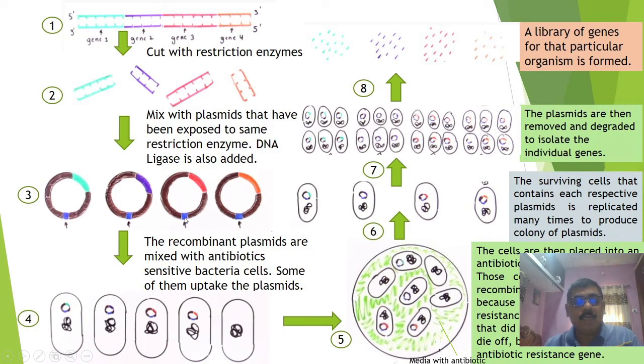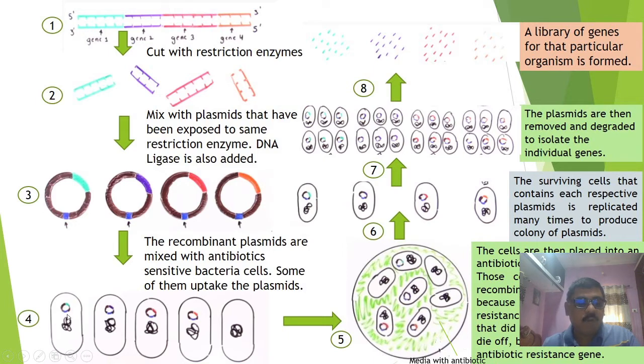And in this recombinant DNA molecule, this blue colored structure is an antibiotic resistant site which the plasmid has, and then these recombinant plasmids are mixed with antibiotic sensitive bacterial cells like the E. coli cell. All these are antibiotic sensitive cells, and some of them will take up these plasmids and some will not.